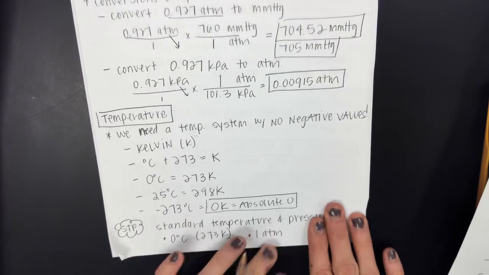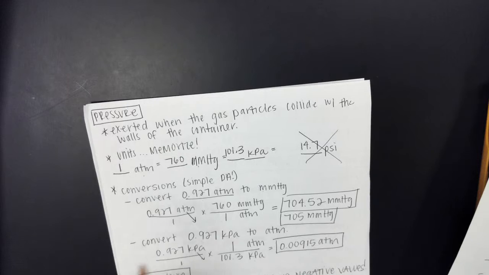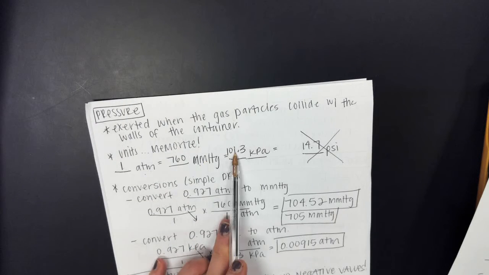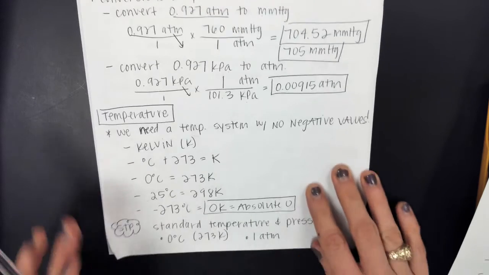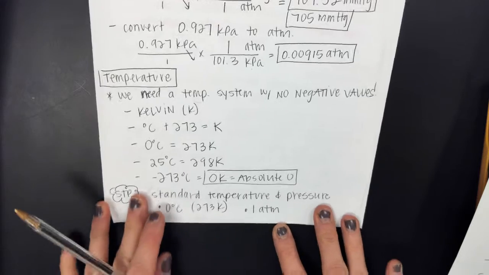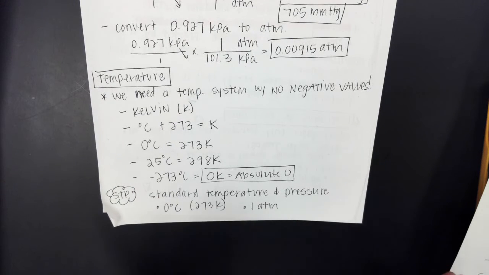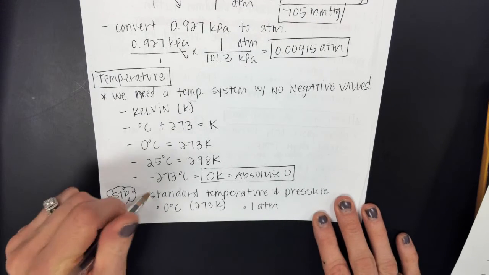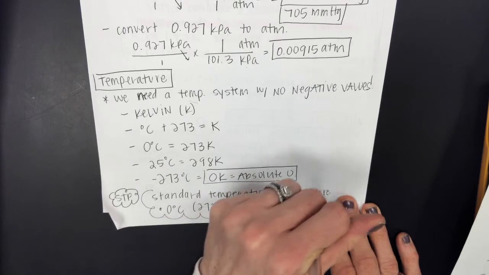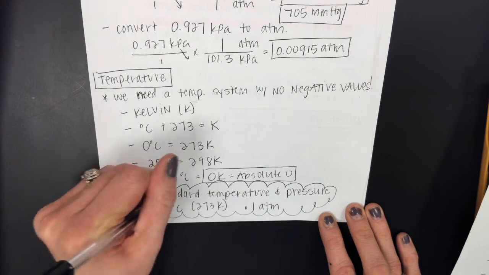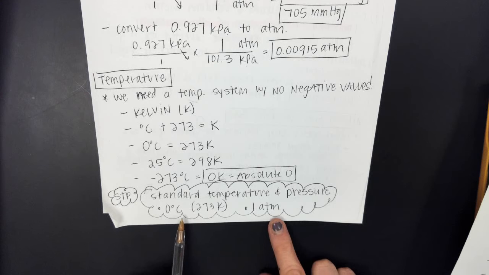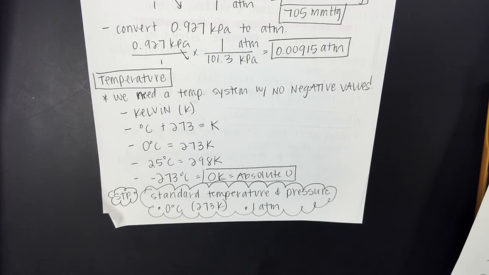Or if you're working with a different unit, then it would be 760 mmHg or 101.3 kPa. But 1 ATM is just your super conventional, universally accepted standard pressure. You got to know that because there's going to be some problems where that's how we give you your pressure and your temperature. We're just going to say at STP, and that's us telling you 1 ATM and 273 Kelvin.